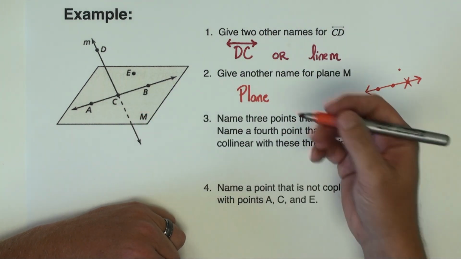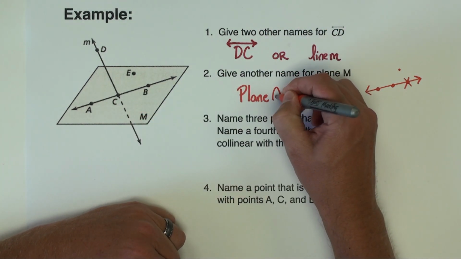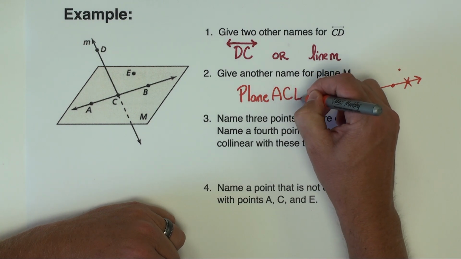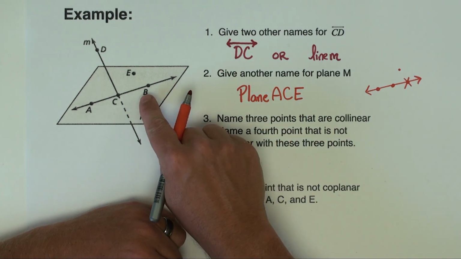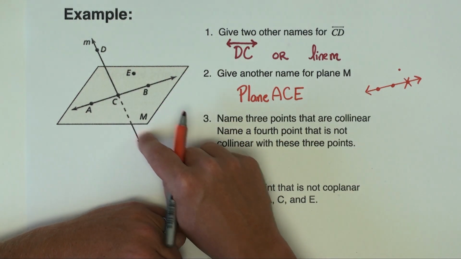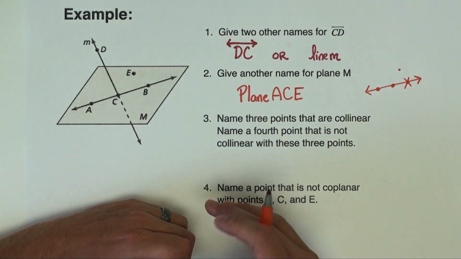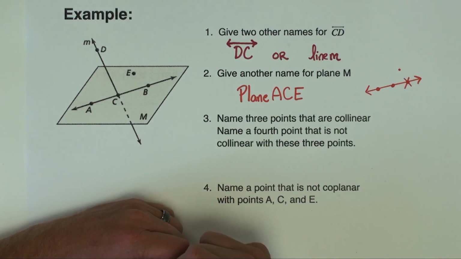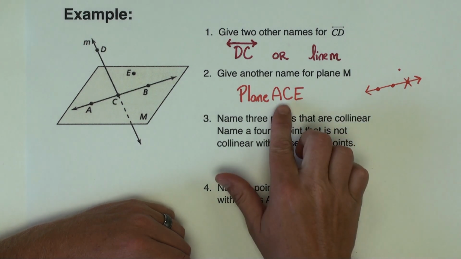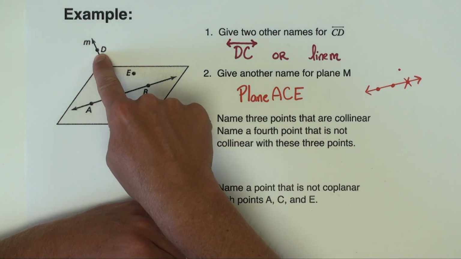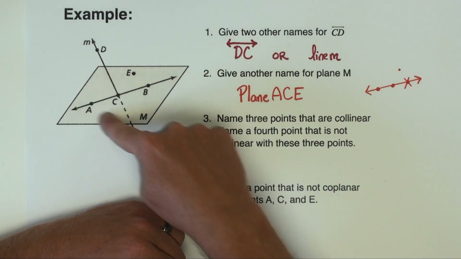Okay, so we could call this plane ACE. That would certainly work. I could do plane BCE, or I could do plane ABE. I could mix the order of the letters, but something like that would be an appropriate name for plane M. What I can't do is pick point D, because point D is not inside this plane right here.